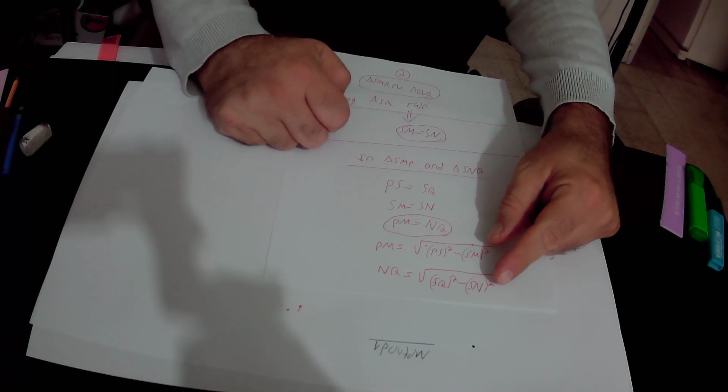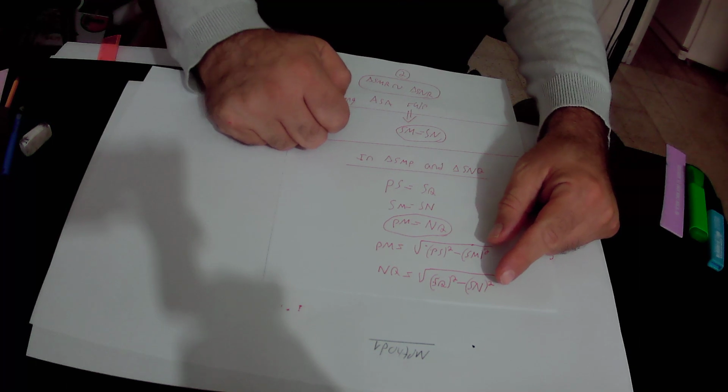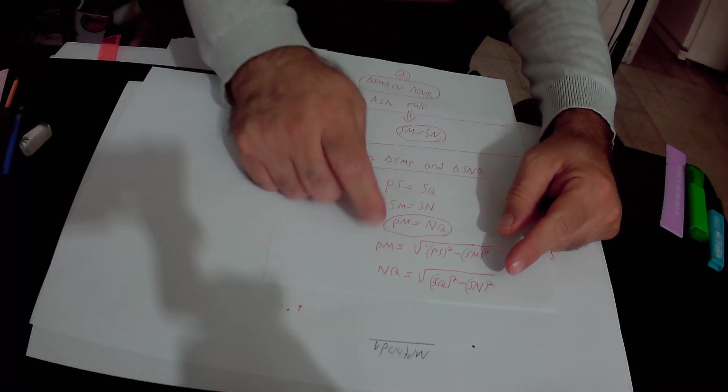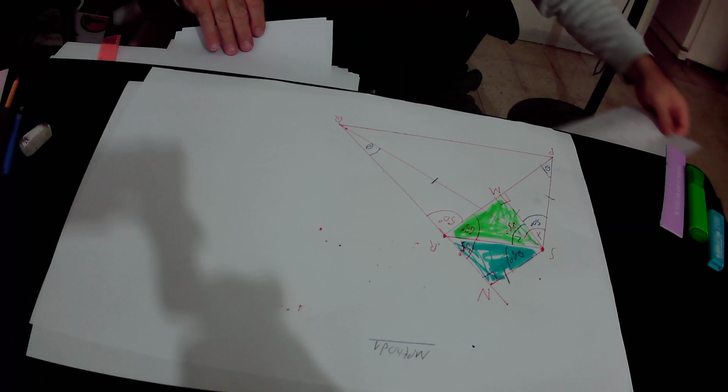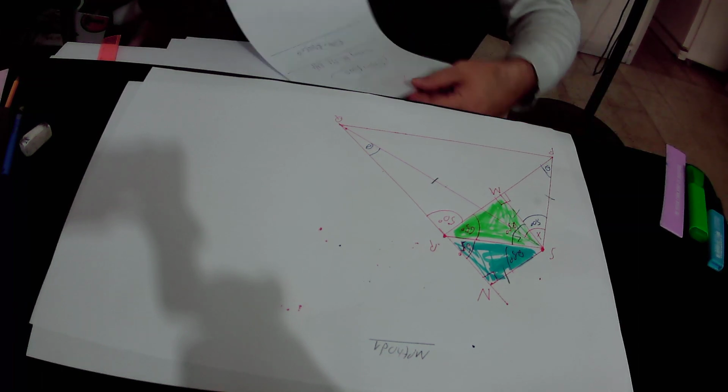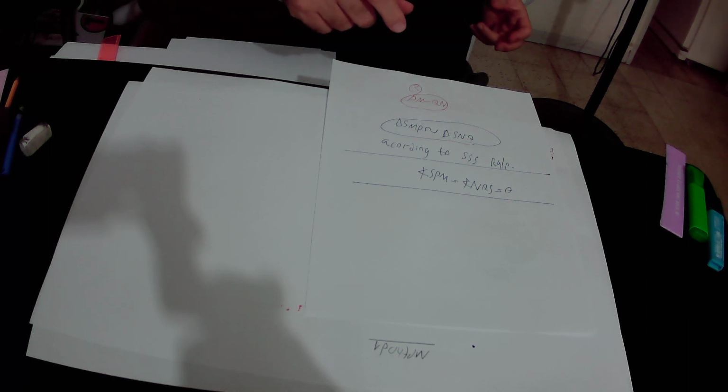So those two expressions are identical, they are equal to each other, therefore PM equals NQ. So we proved that the right triangle SMP can go into the right triangle SNQ according to the side rule. Okay, what is the side rule? If you prove that three sides of one triangle are correspondingly equal to three sides of another triangle, then you prove that those two triangles can go into each other according to the side rule.